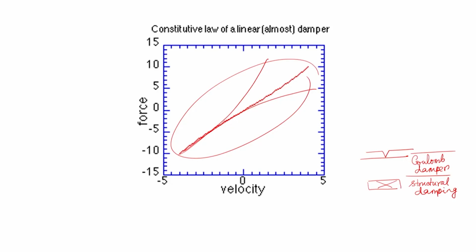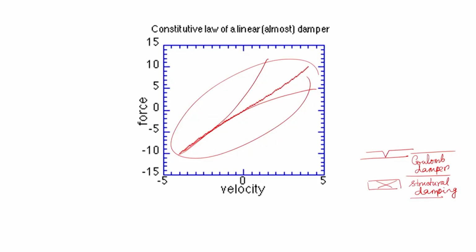Suppose the grains of a metallic structure move against each other and dissipate the energy, as one example. Then it is structural damping. So, you can have a structural damper, a Coulomb damper, or a viscous damper, which I talked about earlier, and which can be of two types, linear and nonlinear.